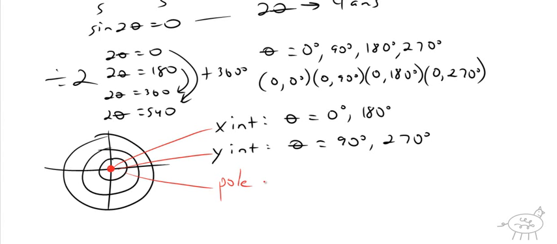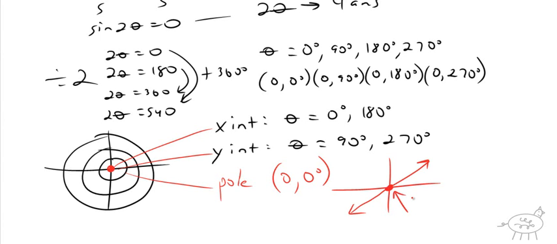Doesn't that make sense? Because, right, if I gave you a coordinate and I said 0, comma 0 degrees, it's hitting the pole. It's kind of like here, if I gave you a graph like this and I graphed it and I said, where's the x-intercept? You would say, oh, it's right here. And if I said, where's the y-intercept? You'd also say it's right here.